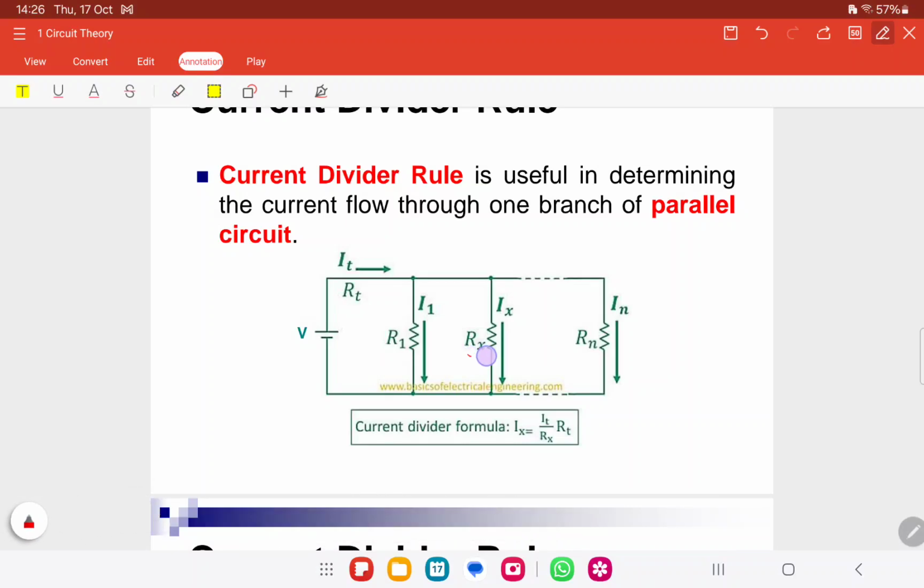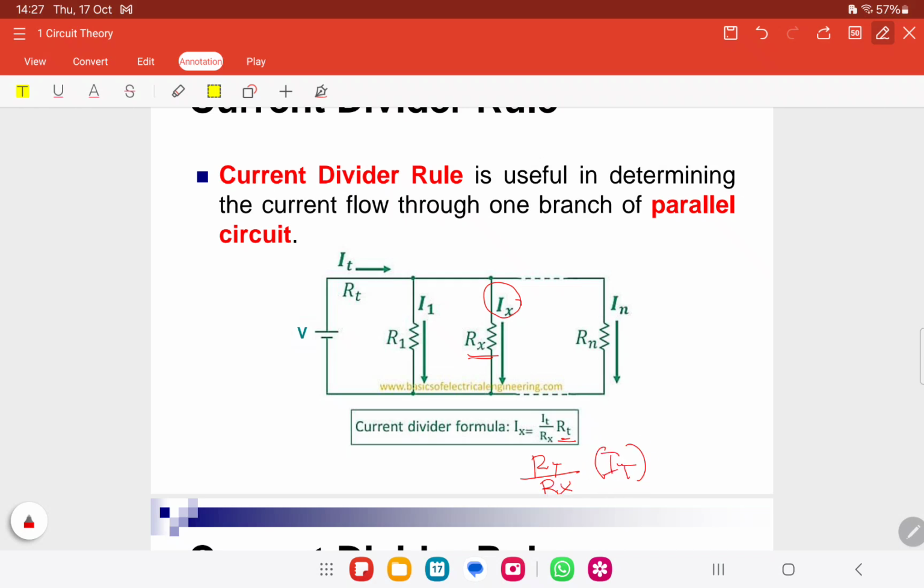For example, here we have Rx and we want to measure Ix at the respective Rx. So it is actually R total over Rx multiplied with the I total.